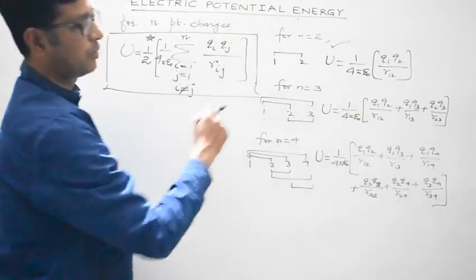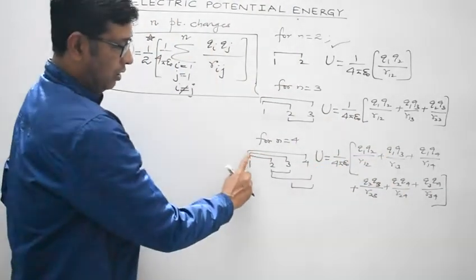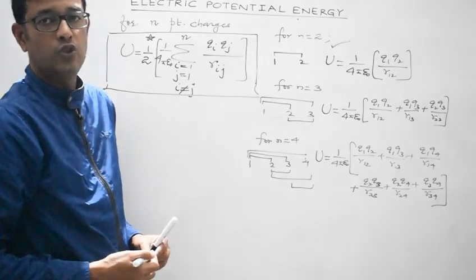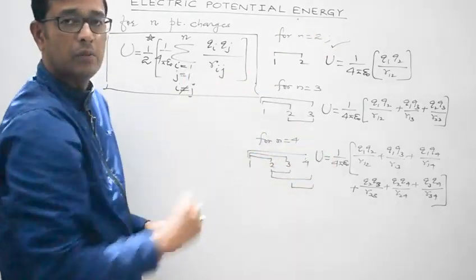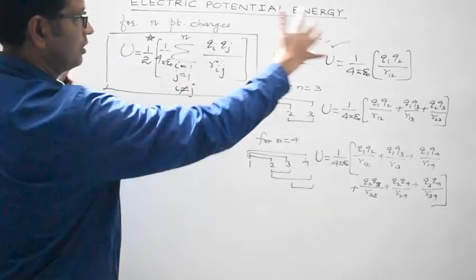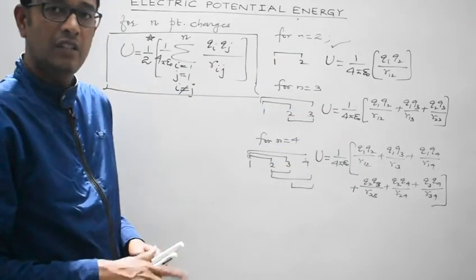So this is the expression for the potential energy of a system comprising of 4 point static charges. This is a very, very simple illustration. You can easily remember this formula, right? So this is regarding the electric potential energy.